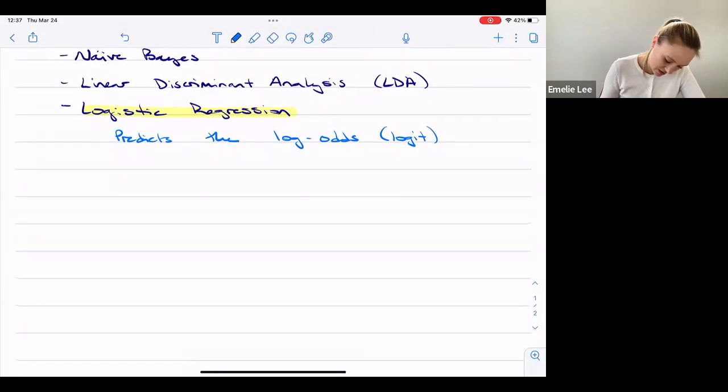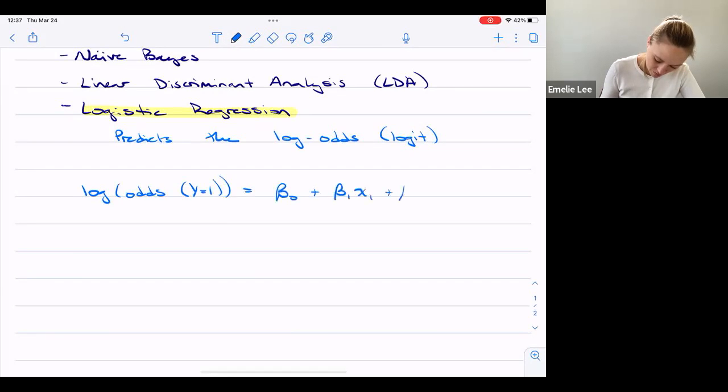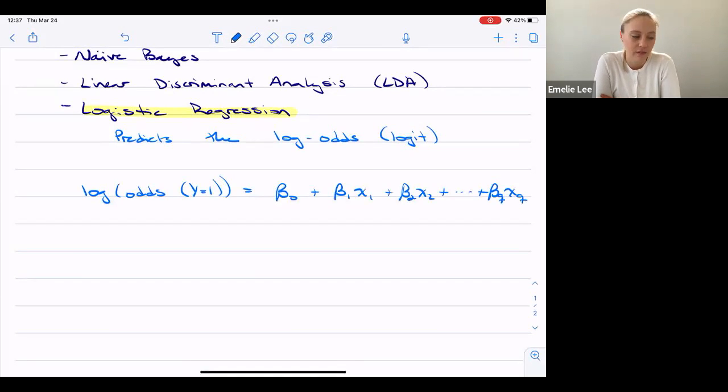So it predicts the log odds, the log odds that y is 1, is beta naught plus beta 1 x1 plus beta 2 x2 all the way up to however many predictors you want, up to q predictors. Okay. And so what we would do, right, is that this is a linear function, right? So this is a linear regression, a multiple linear regression. It's linear because we're adding up all these terms.